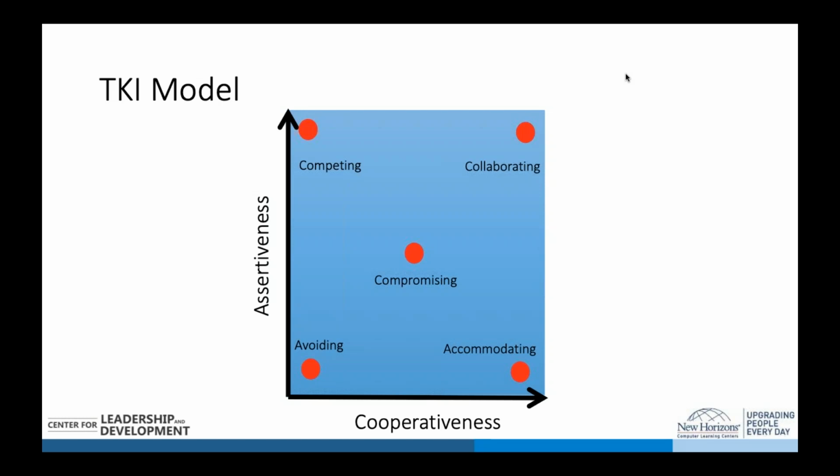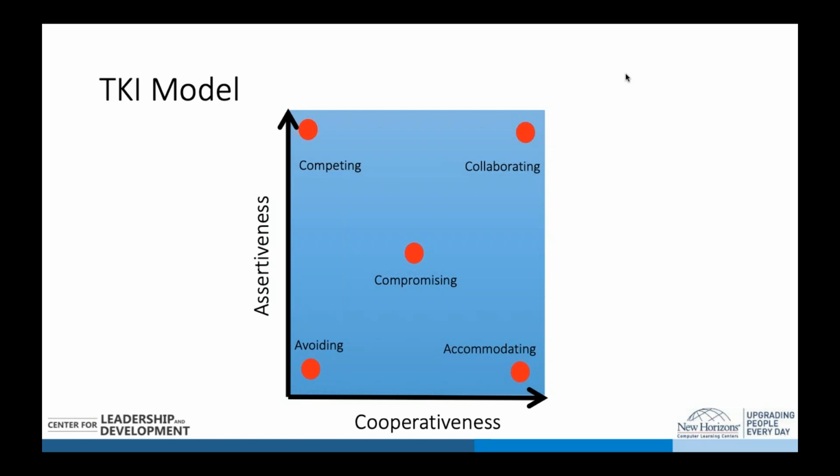So as we start to drop down the assertiveness scale, we start to get into other types of strategies that we can use. Certainly compromising, which sits right in the middle of the TKI model. And compromising means that one party or both parties compromise somewhat on what they truly want. Now, if you think about compromise as not a regularly used strategy, it can be effective.